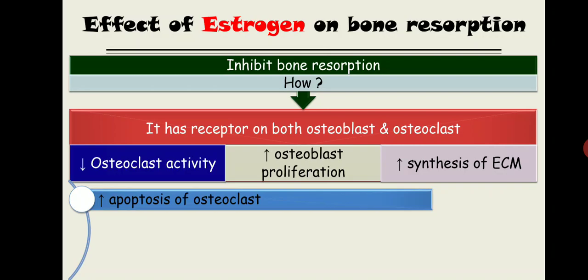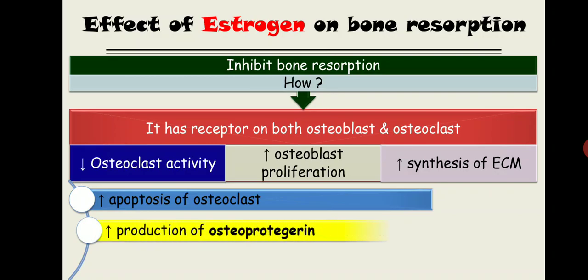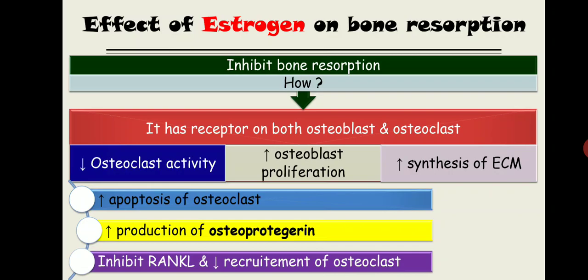It causes programmed death of the osteoclast. Second, it increases the production of osteoprotegerin. Now what will osteoprotegerin do? Osteoprotegerin will competitively bind with RANK and inhibit RANKL, and decrease the recruitment of osteoclasts.